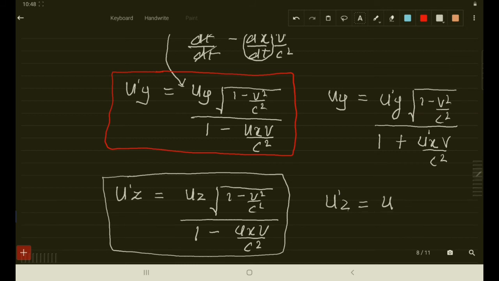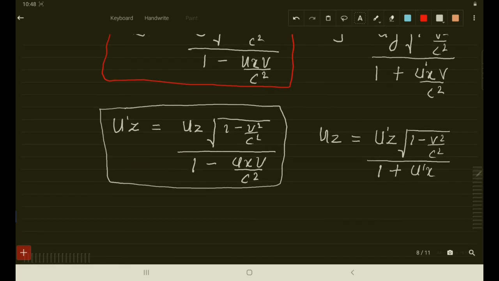Same way, we are looking for inverse transformation equations. That means we are looking for uz, and it is assumed that we know u dash z. So it will be u dash z into 1 minus v square by c square, the whole divided by, again the minus sign will change to plus, u dash x v divided by c square.